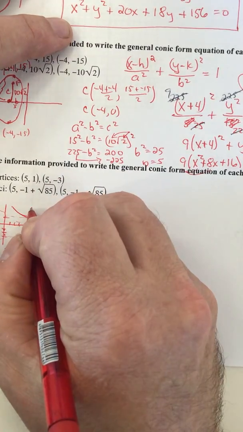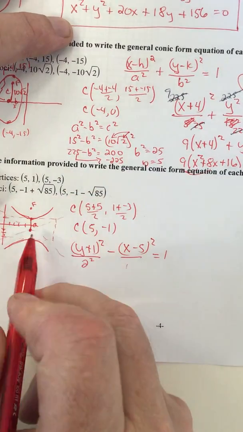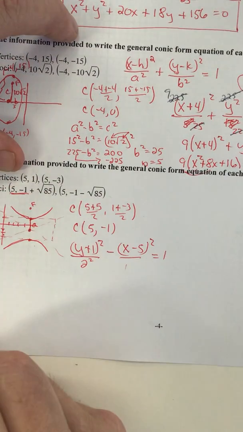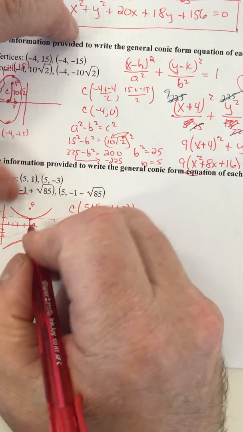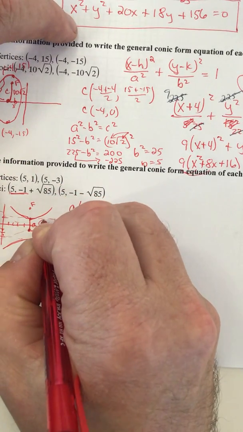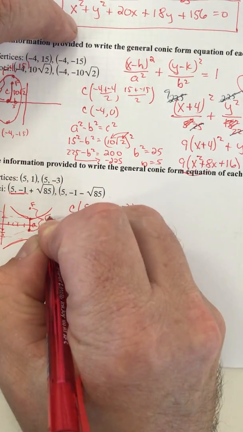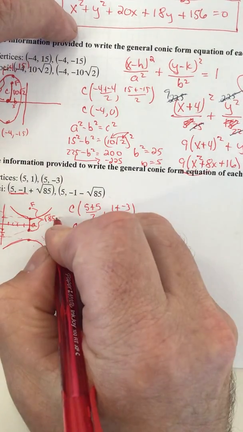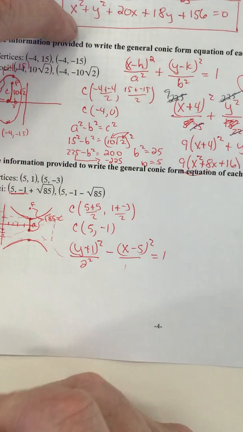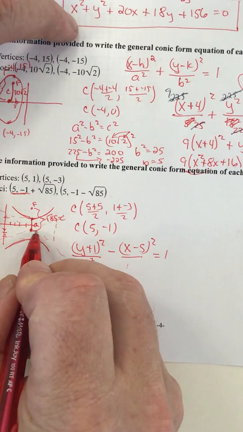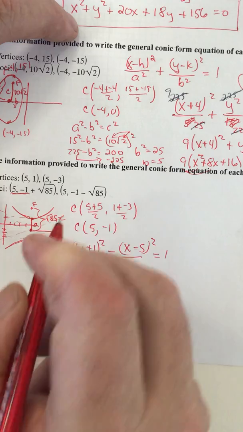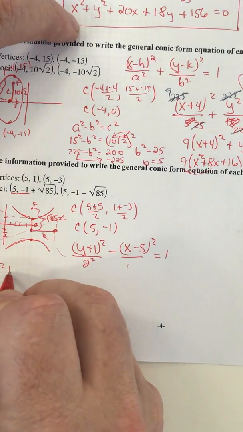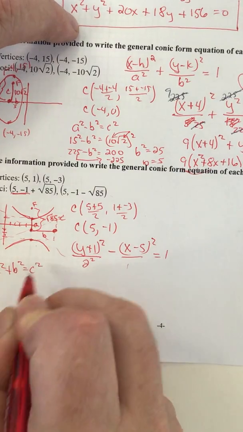Okay, they're giving us the focus up here. The focus is at 5, starting down 1. See, there's the center, and it's going up to root 85. So from the center, that distance is root 85. From the center to the focus is C. What I need is this distance to the imaginary vertex, which would now be B. So A squared plus B squared equals C squared.